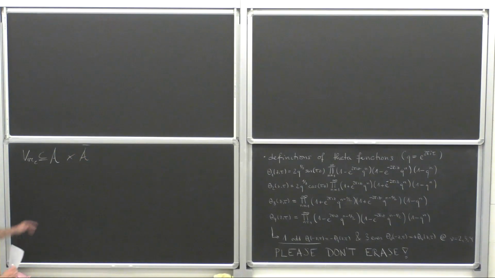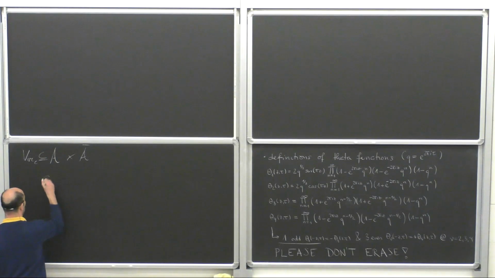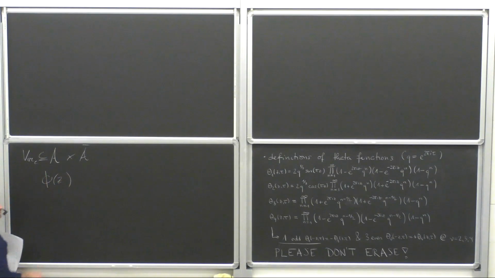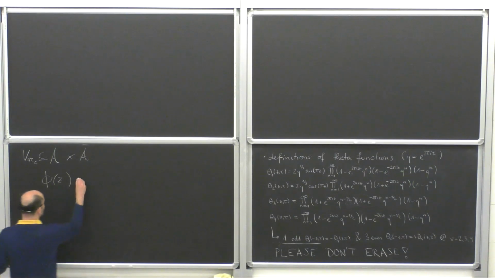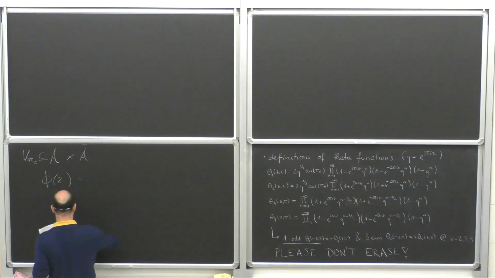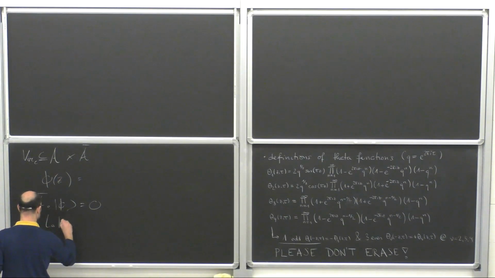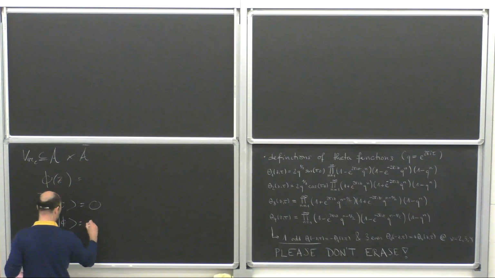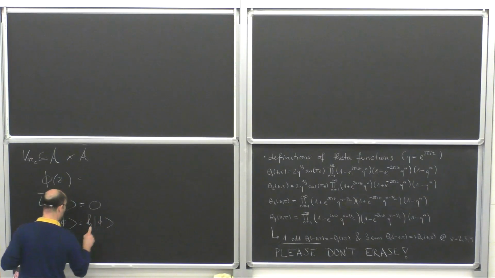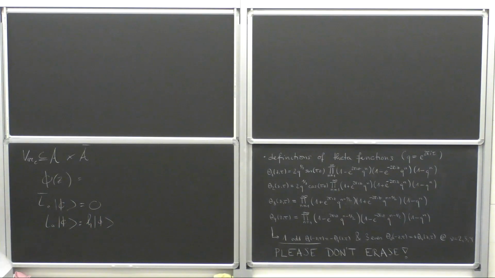These algebras are generated by all holomorphic fields in our CFT, and the holomorphic fields correspond to states which are annihilated by L0 bar, so they have 0 conformal dimension on the right, and they have some conformal dimension h with respect to L0.